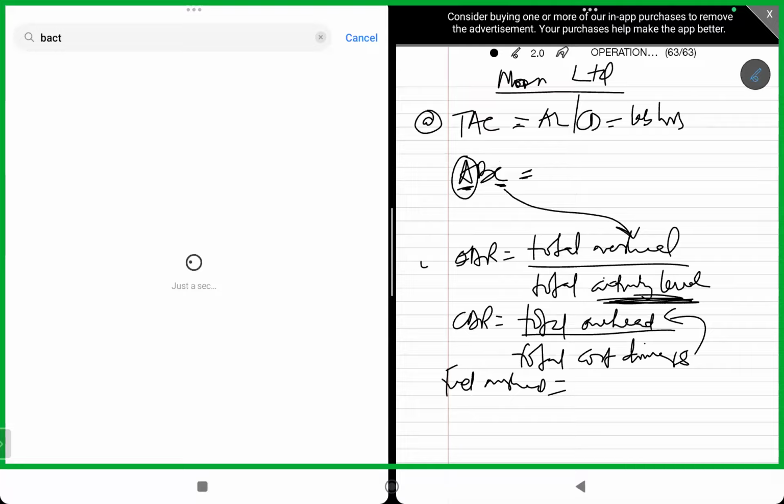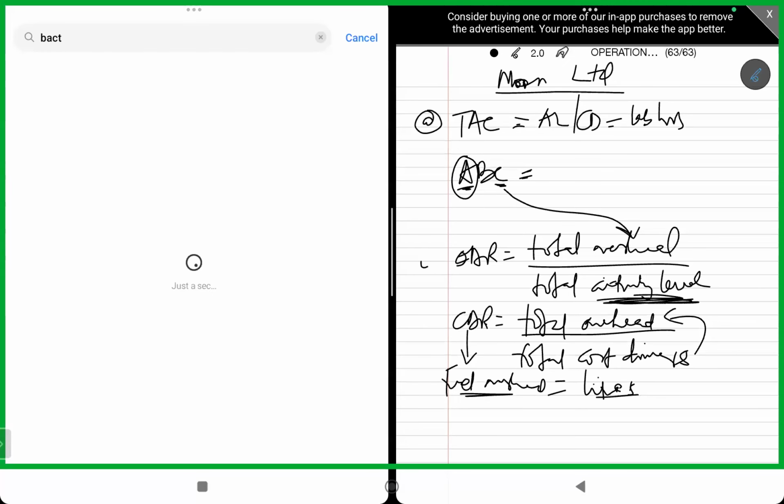Liters. So when I'm calculating the cost driver rate for fuel overhead, I'm going to settle on the fuel cost and the liters. The liters will be the activity level for the fuel.